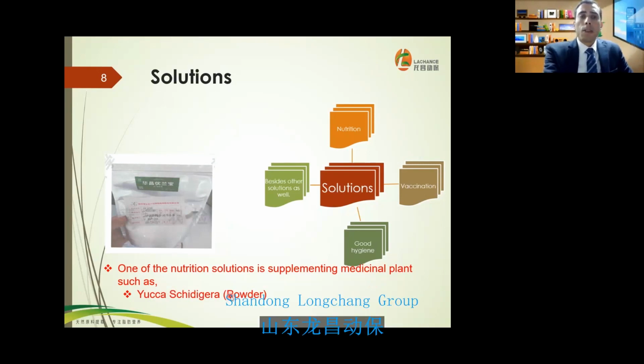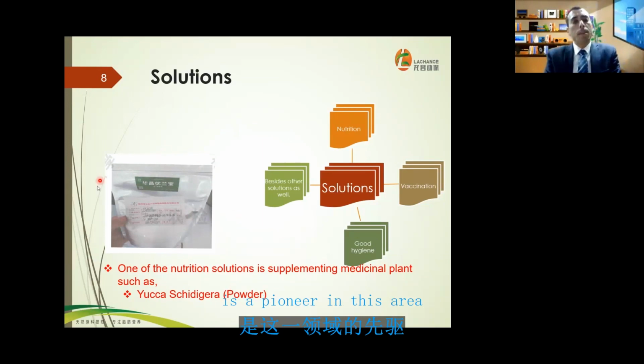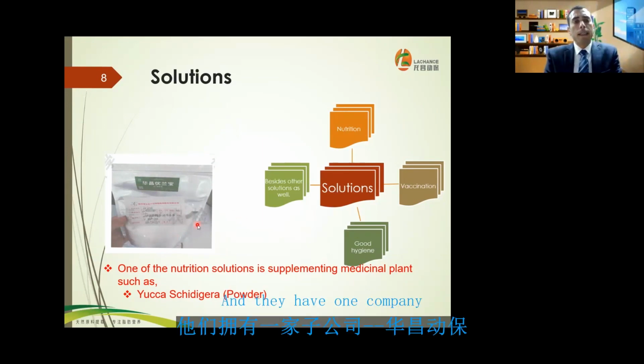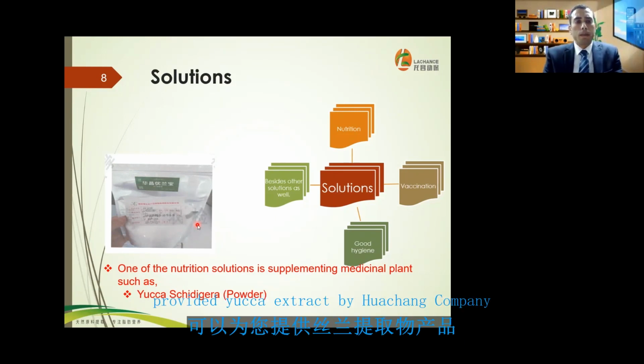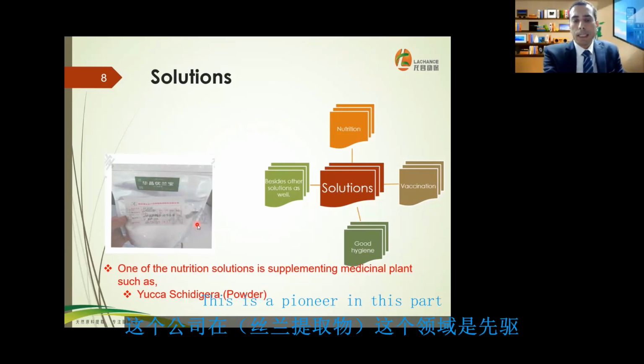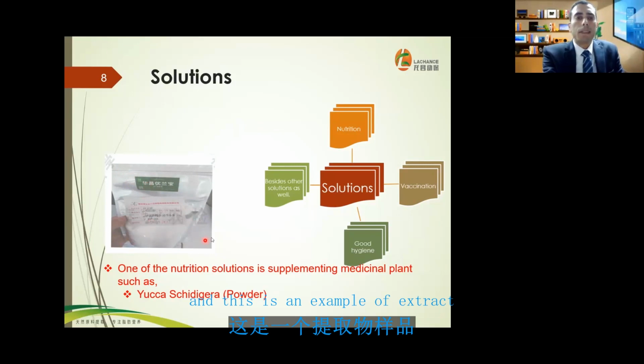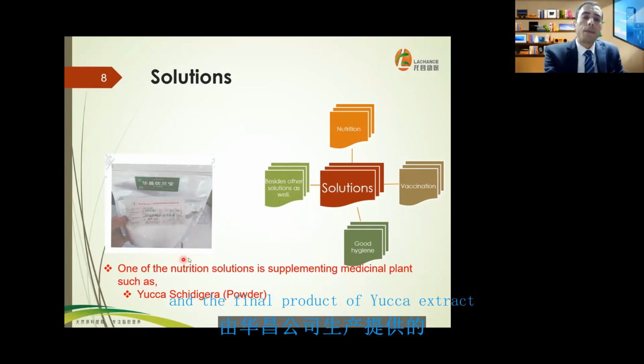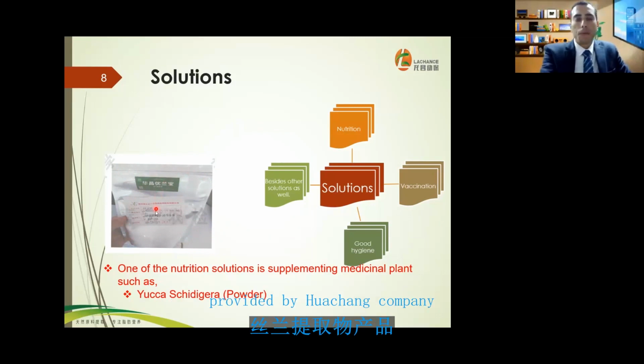Shandong Wonsheng Group is a pioneer in this area, and they have one company that provides Yucca extract, Huasheng company. This is an example of the sack and the final product of Yucca extract provided by Huasheng Group.